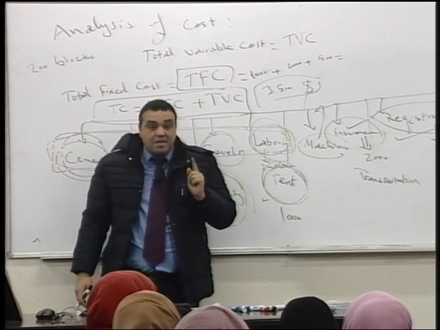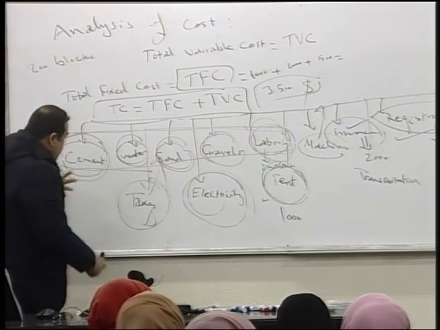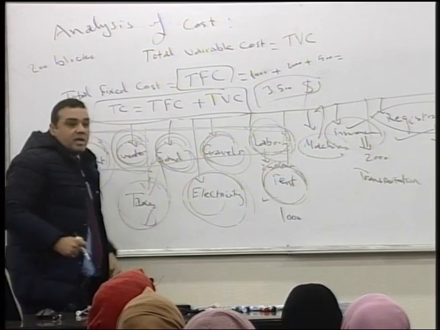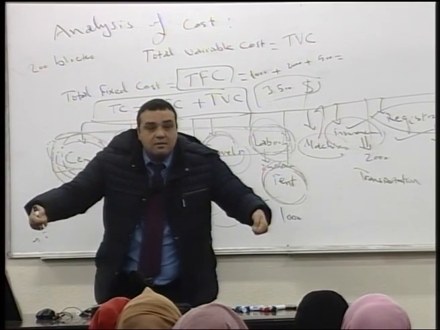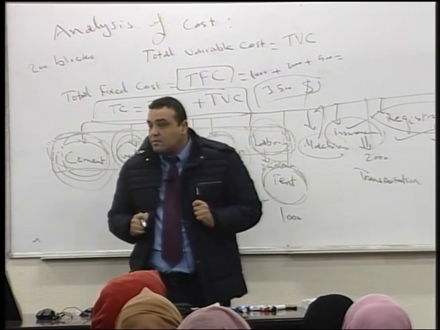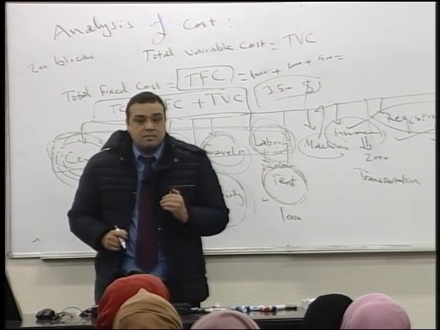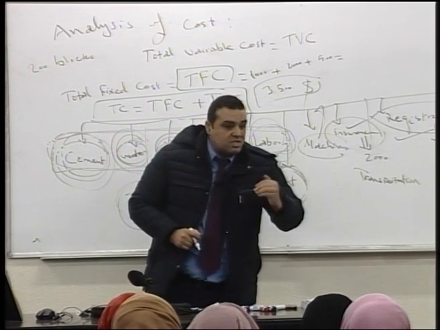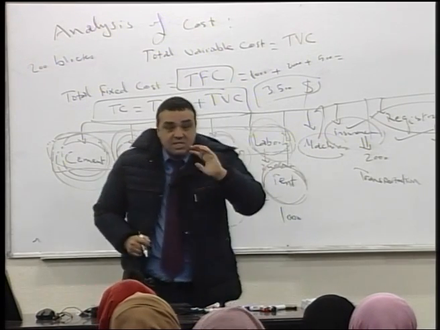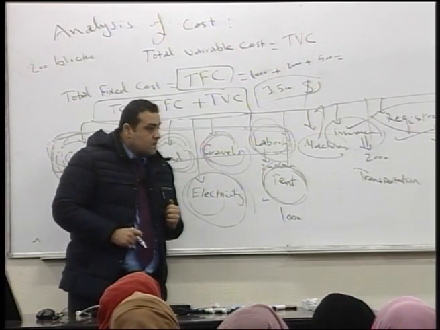But the total variable cost is the cost of these units, which changes when our production changes, right? Which means if we want to produce more blocks, we need more cement, more sand, more water, so the total variable cost will increase, right?